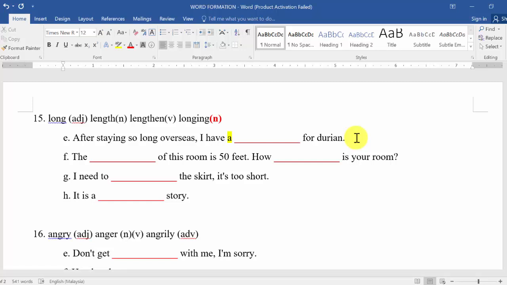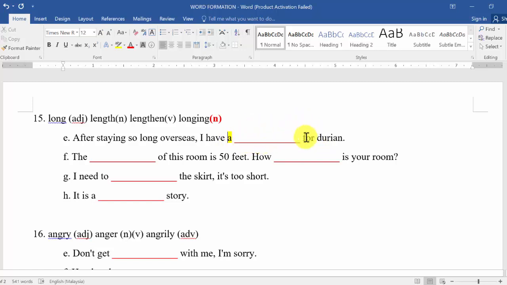When you see a determiner in a sentence, the next word after the determiner should be either a noun or an adjective. But how do we know which one to choose? That depends on the next word after the blank. If the next word after the blank is not a noun, then your answer should be a noun.